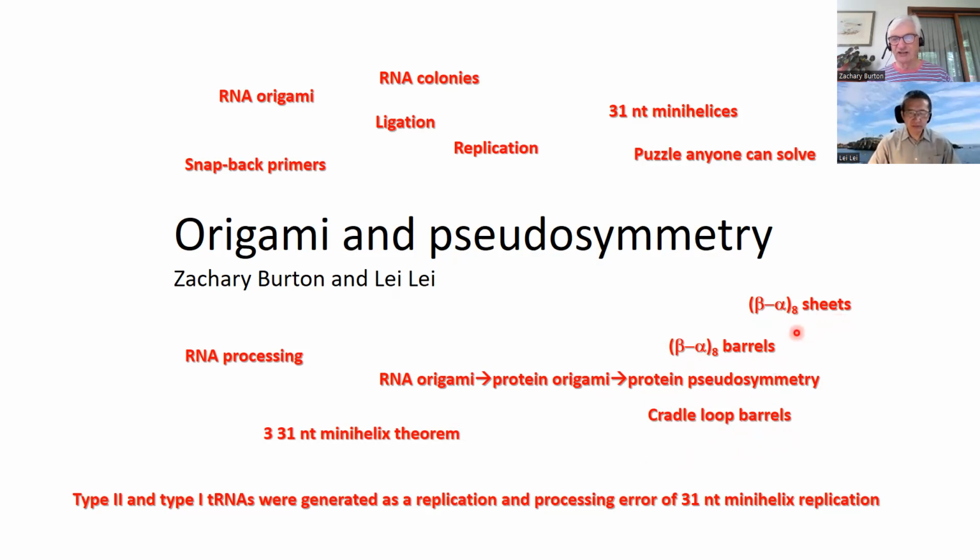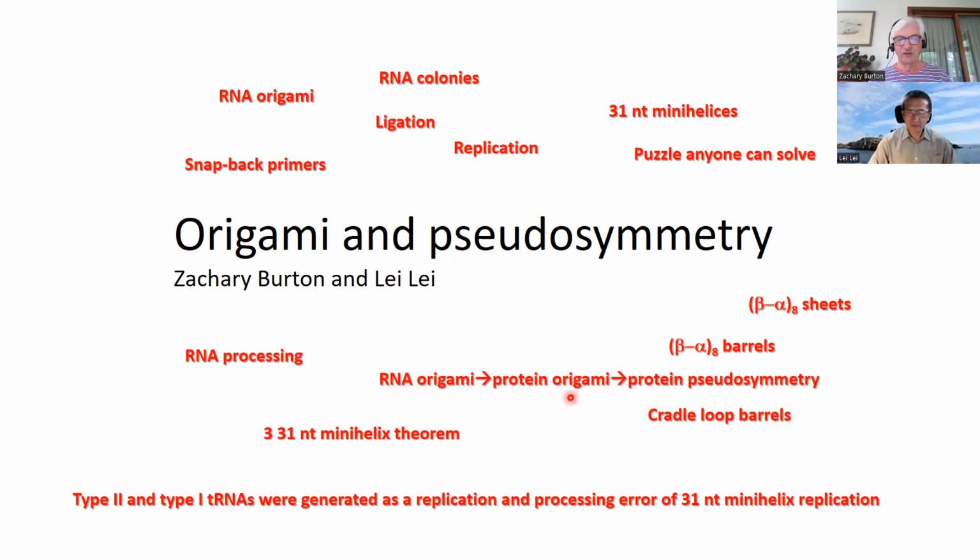So there's really interesting evolution that involves combinations of RNA by ligation, which we're going to call RNA origami. And this can involve complex folding and processing. And then protein origami when you translate it into protein, which gives you protein repeats.